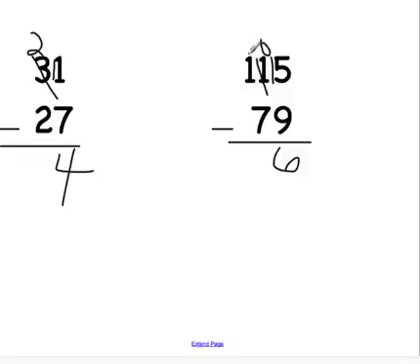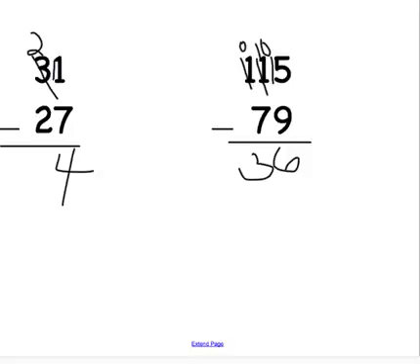But I have 1 left in the hundreds place, so I can take that 1 and bring it over here, which becomes my 1 that I borrowed. And this now becomes nothing. 10 take away 7 is 3. My answer is 36. If you need to rewind or stop the video, please do so.